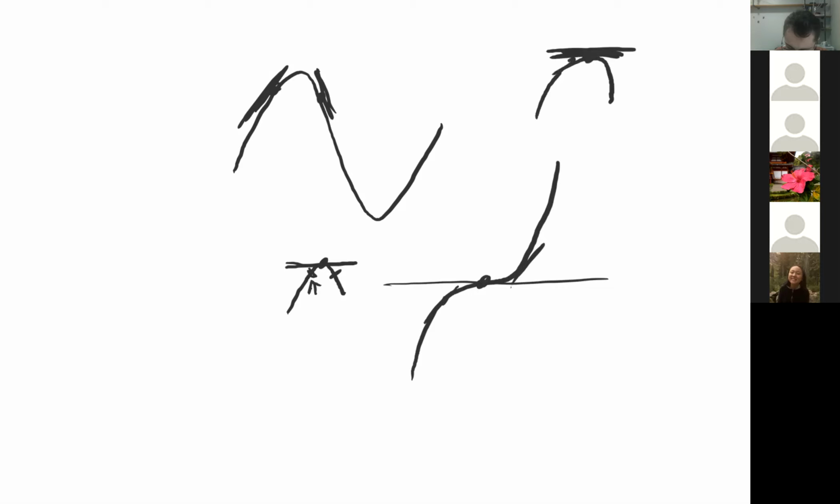And then you look on either side, here it's positive, here it's negative. And so this thing doesn't have an inverse. And one way you can show that a function does have an inverse, I guess, is if you take the derivative and it always has the same sign, then that means that the function is going to have an inverse. Okay?